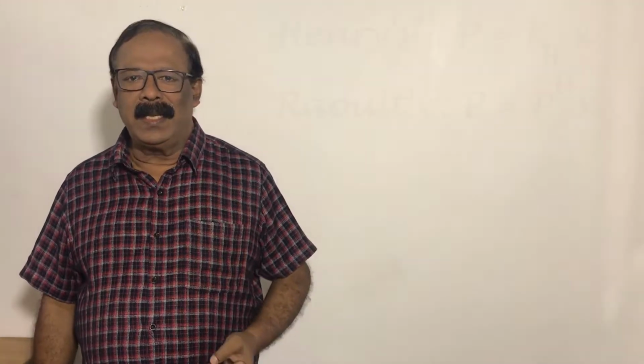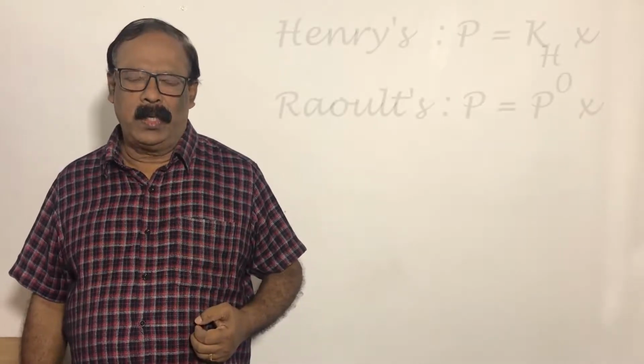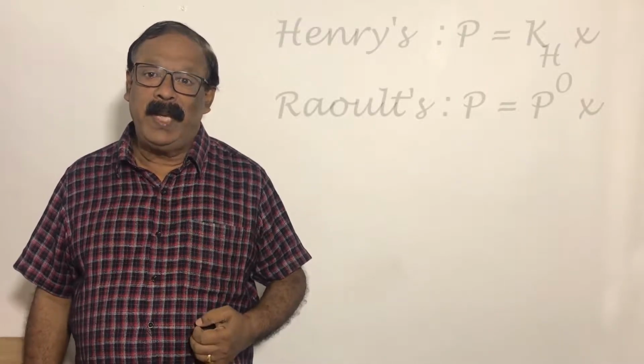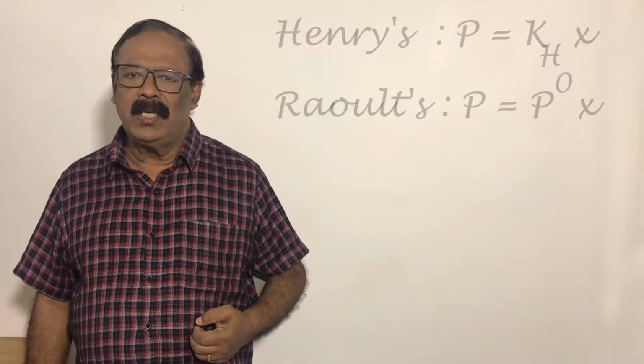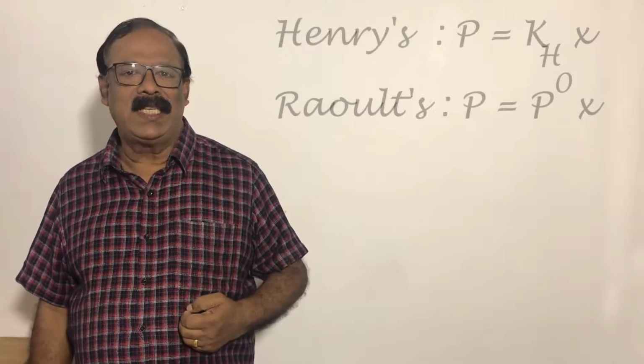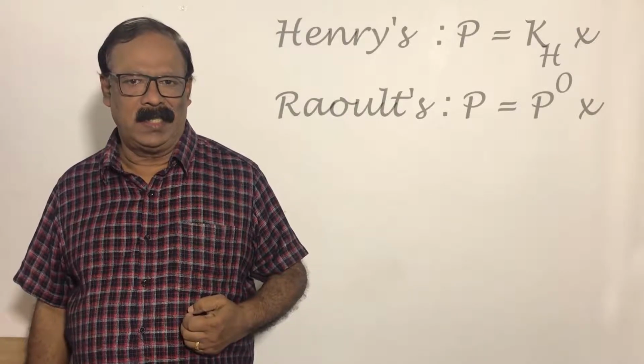We have studied two laws in solutions. One is Henry's law, another is Raoult's law. According to Henry's law, P equal to KH into X, where KH is the Henry's law constant.